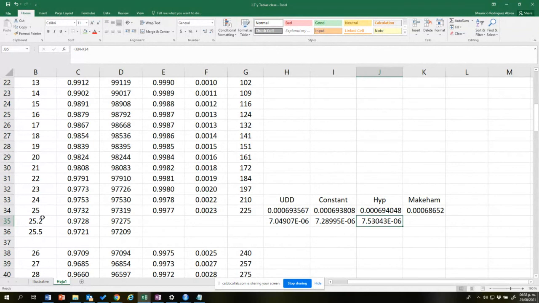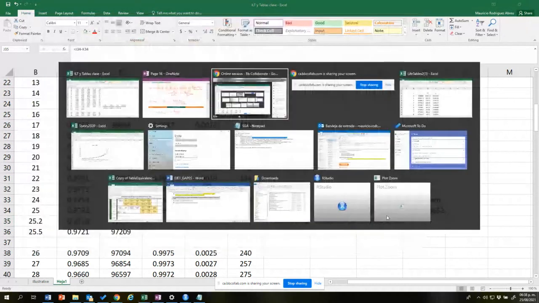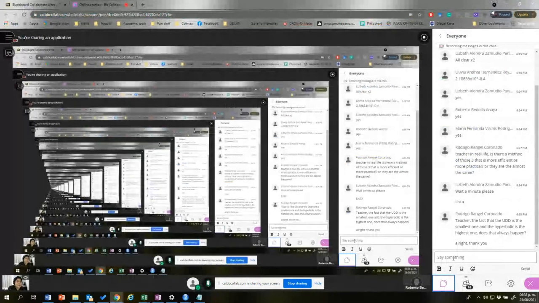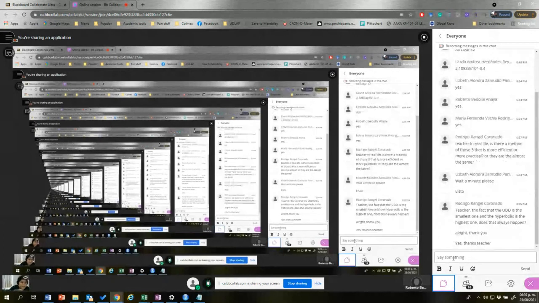So again, the differences are really small. But this would be a way that we could tell which one is working better for us. So I don't know if this answered your question, Rodrigo.